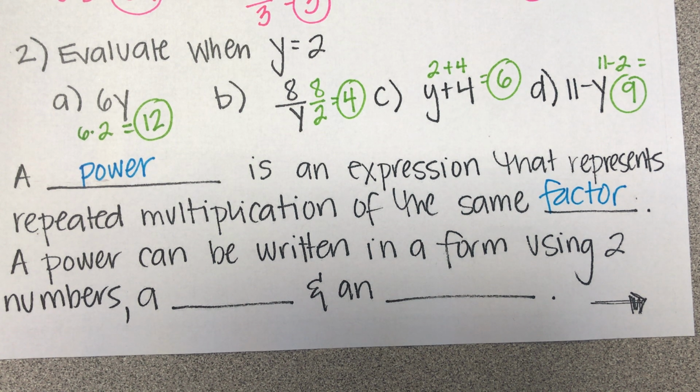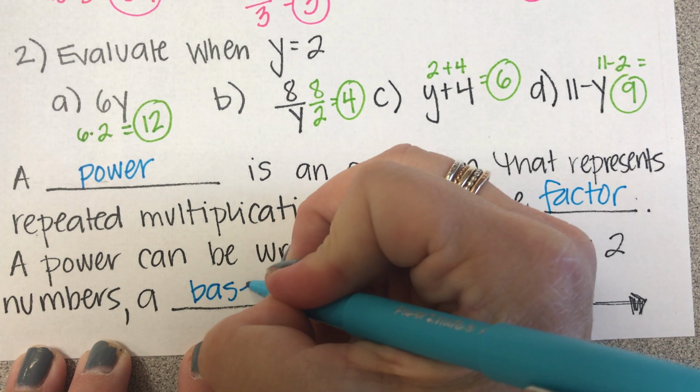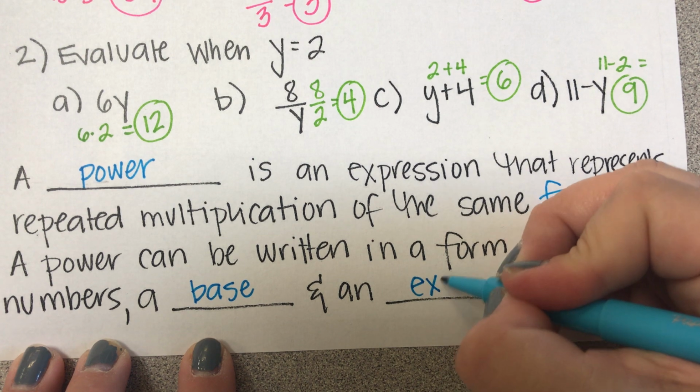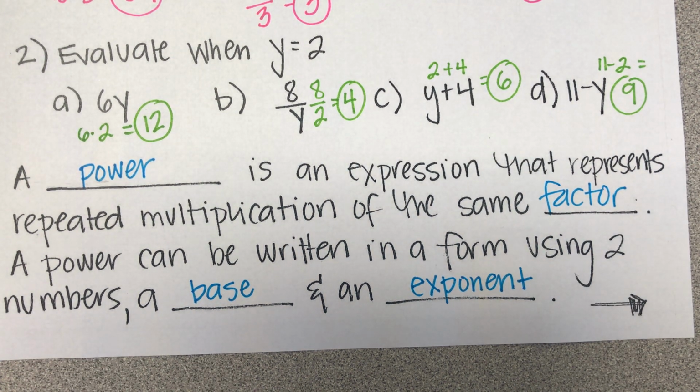It's repeated multiplication of the same factor. A power can be written in a form using two numbers, a base and an exponent. Every time you have a base and an exponent, that's a power.